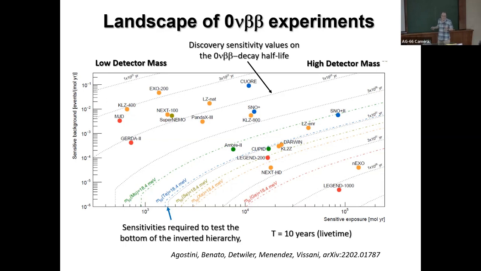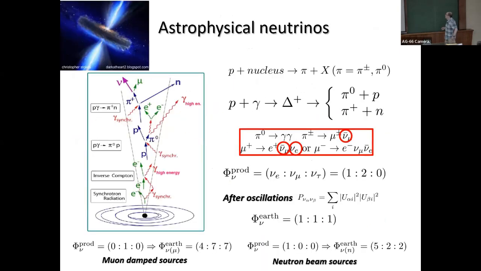Why? Because on this axis you have sensitivity to the background zone. If you diminish background and increase the exposure, which is MT, you are going to get a better sensitivity if you go in this direction. I have a few minutes, so I am going to talk very quickly.